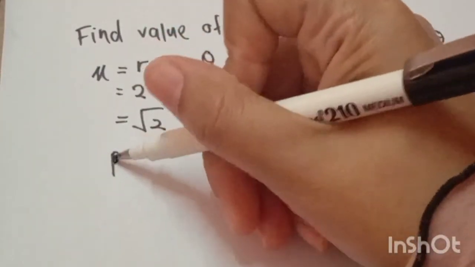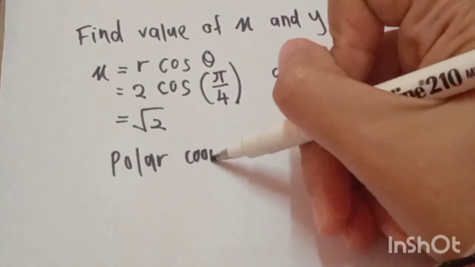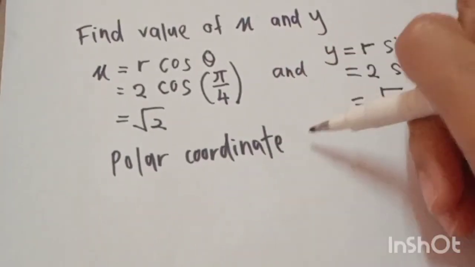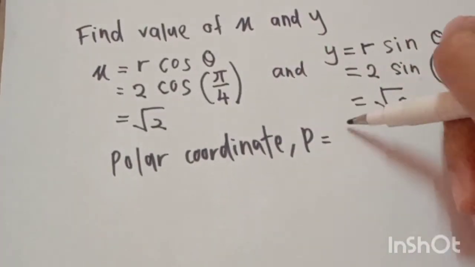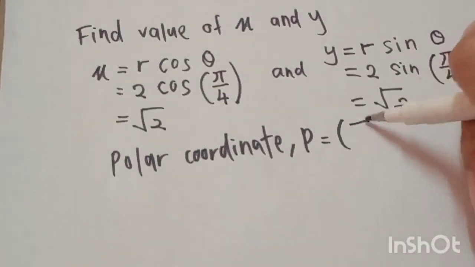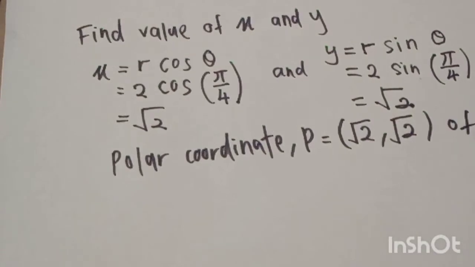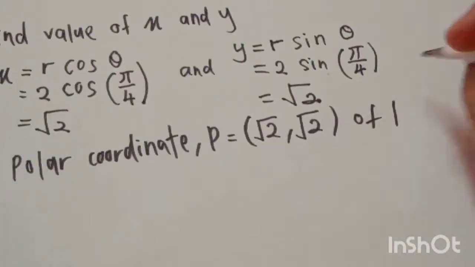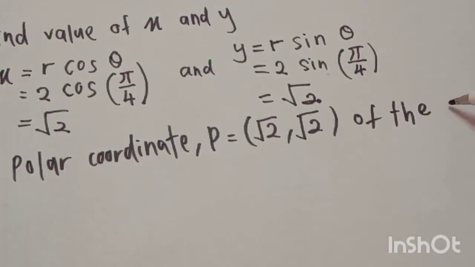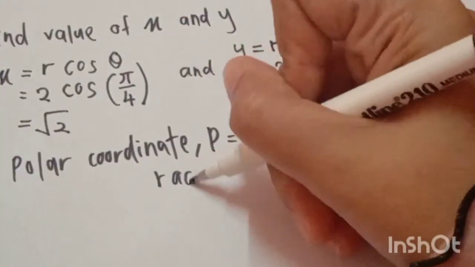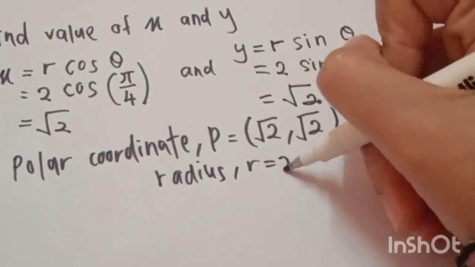So we justify the polar coordinate. Square root 2 and square root 2, and the radius equal to 2.